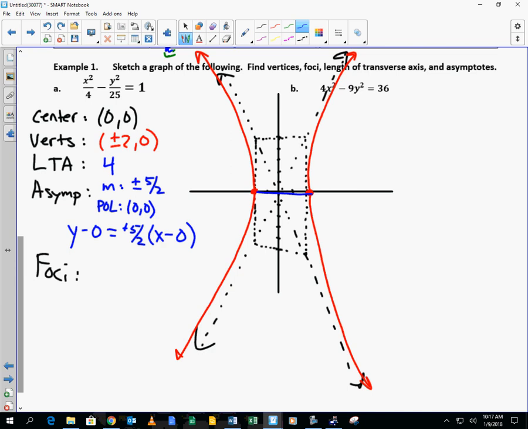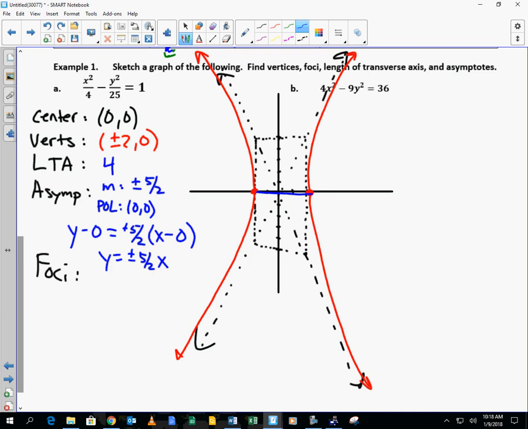Now, I'm not going to make you put it in slope-intercept form, but when you got a 0, just get rid of the 0, right? So this ends up being y is equal to plus or minus 5 halves times x. That does happen to be slope-intercept form. But if you got a 0, get rid of the 0 at least. We good?